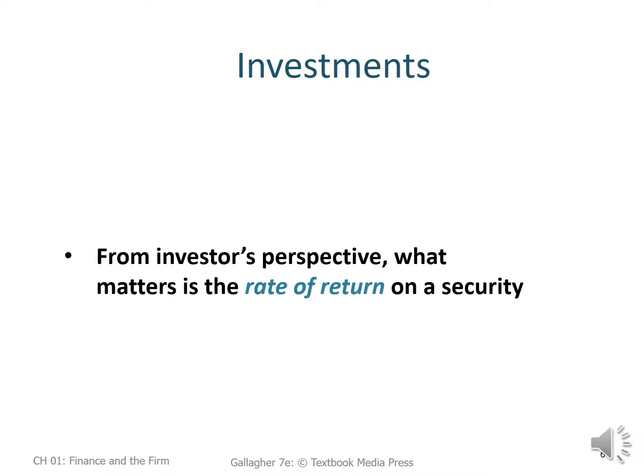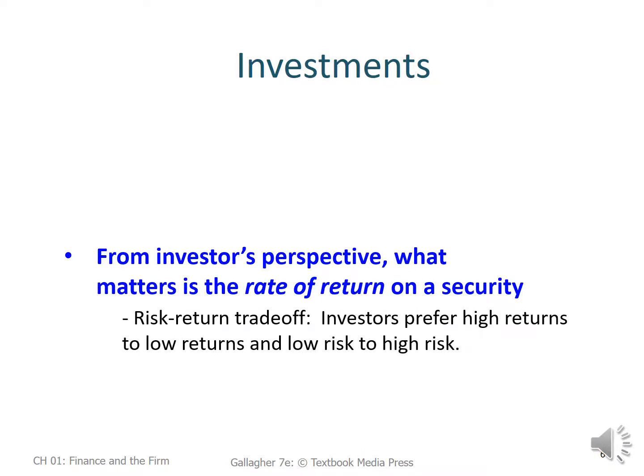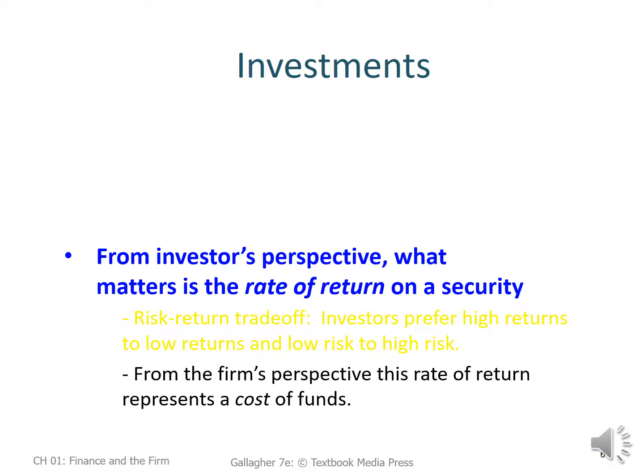From investors' perspective, what matters is the rate of return on a security, such as the risk-return trade-off. Investors prefer high returns to low returns and low risks to high risks. From the firm's perspective, this rate of return represents a cost of funds.